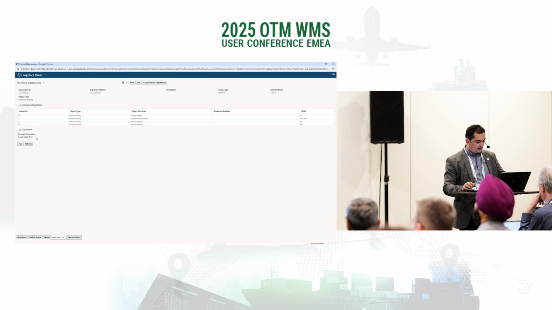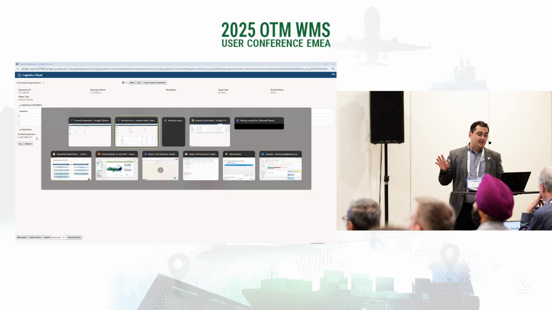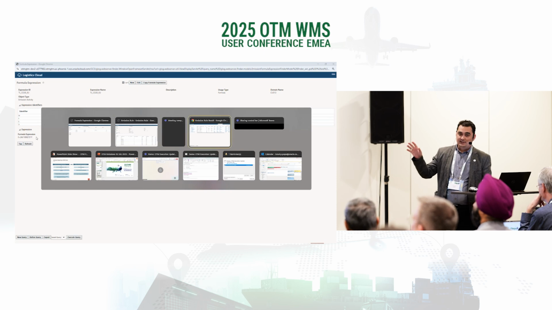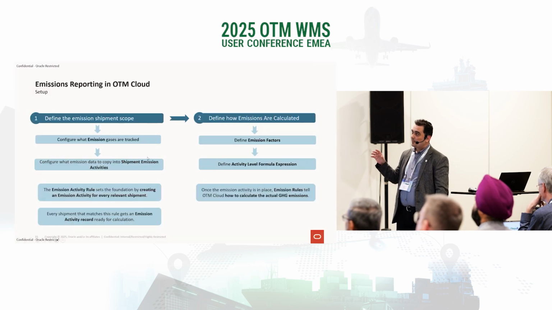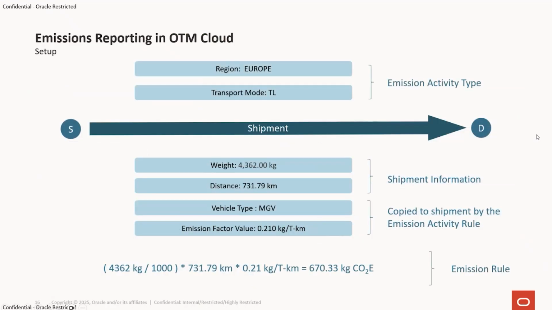Okay, and now that we have seen this, we can recap a bit. If we take again an example, we have a source, a destination, it's our shipment. On the top part is the shipment that we want to track, the emission activity record. And that is controlled through the region and transportation mode, as we saw. So we have this scope.